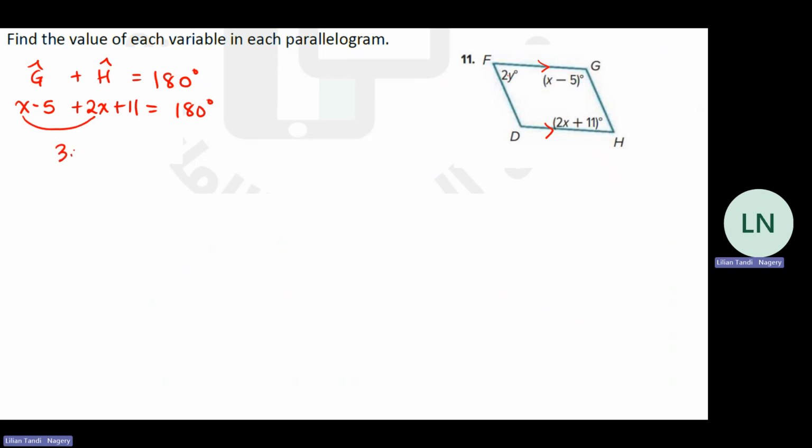This gives you 3x, and negative 5 plus 11 will give you positive 6, is equal to 180. Minus 6, minus 6, this goes away. 3x is 174. Then divide both sides by 3.